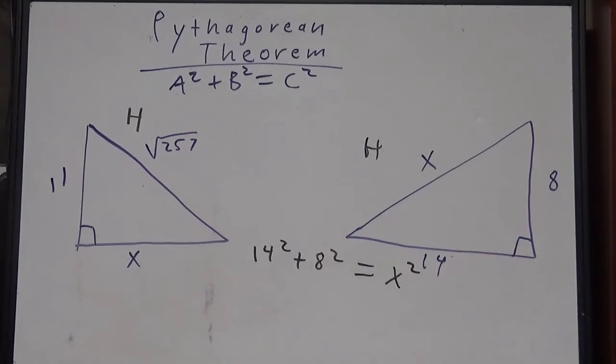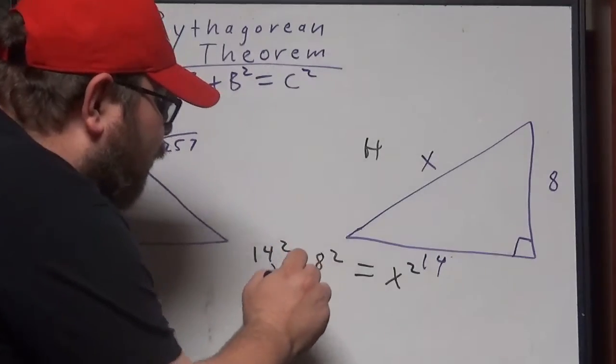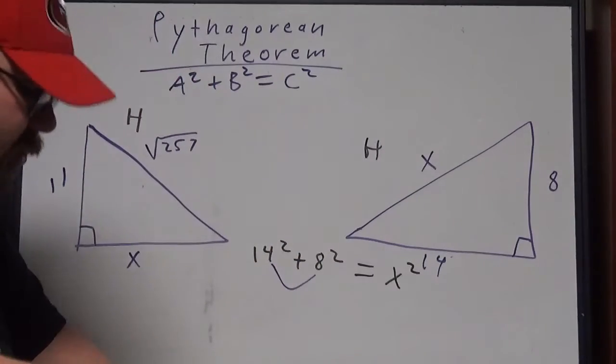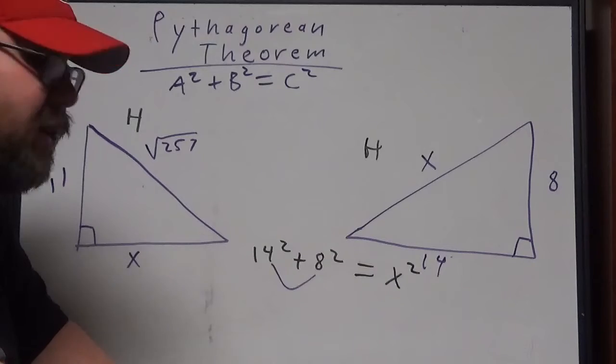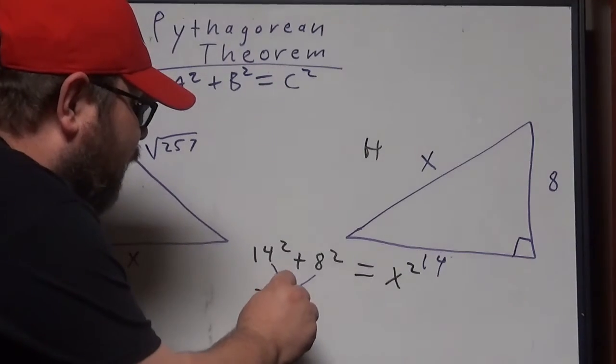And then you can do 8 squared and get 64. Add those together. I personally much prefer just putting the whole thing together in a calculator and simplifying it down to 260. Just 14 squared plus 8 squared in a calculator and get 260.